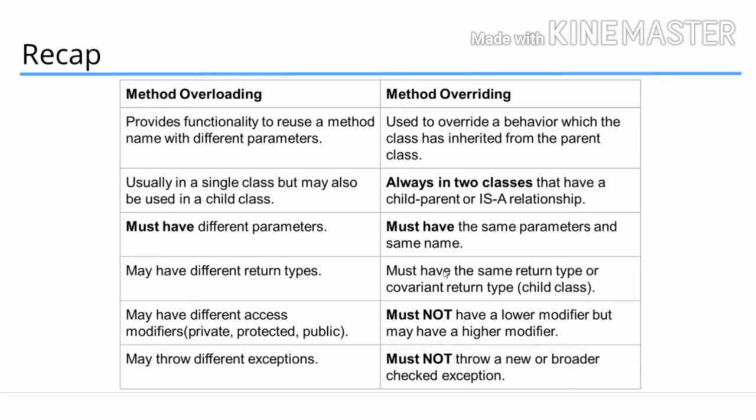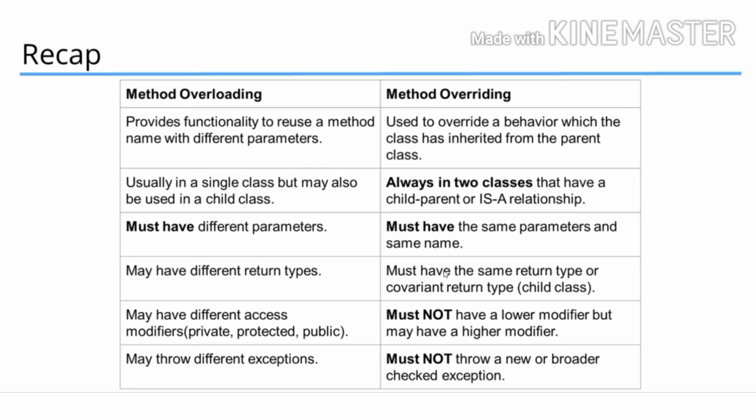In overriding, it should be used in two classes that have a parent-child relationship. In overloading, they must have different parameters. In overriding, they must have the same parameters.